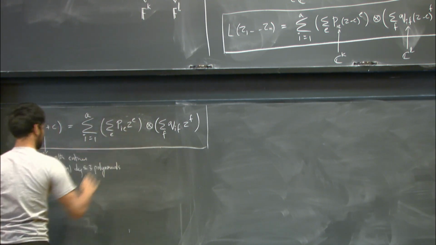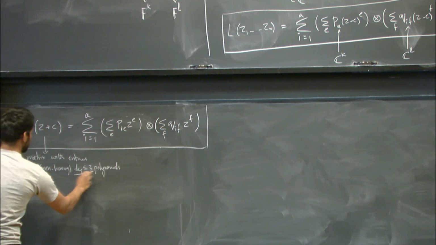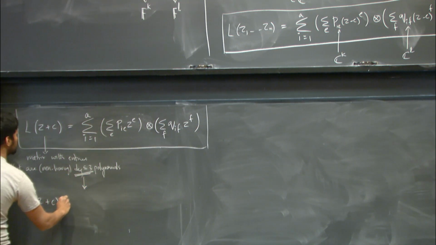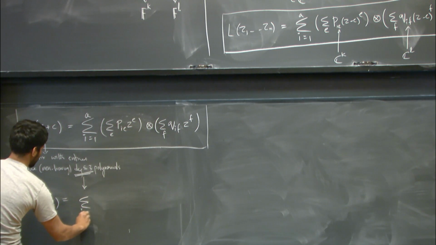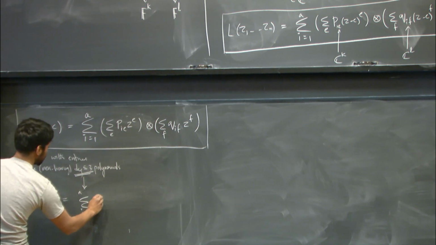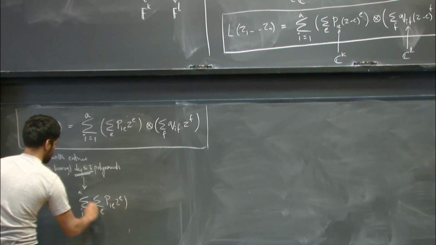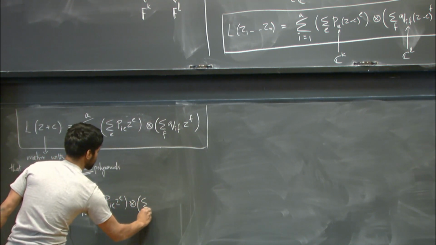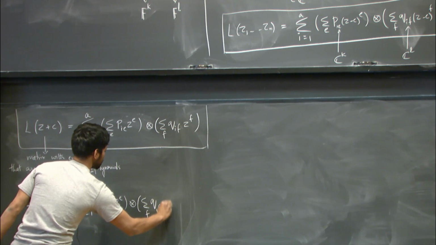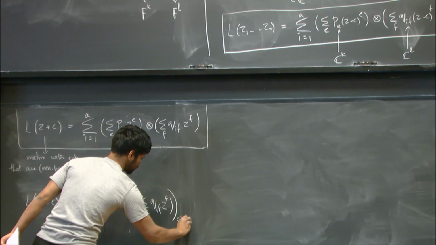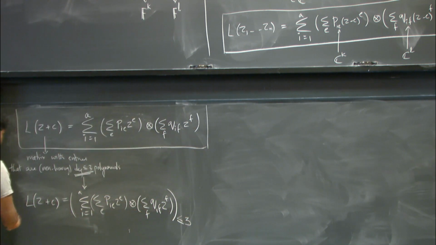So this means I can look at L of z plus c is equal to sum over i in 1 to a, and so on. I have to write this whole thing. Sum over f, q_if z^f, and I can take on this side degree less equal 3. That's what that means.